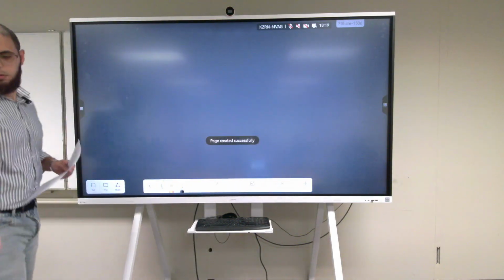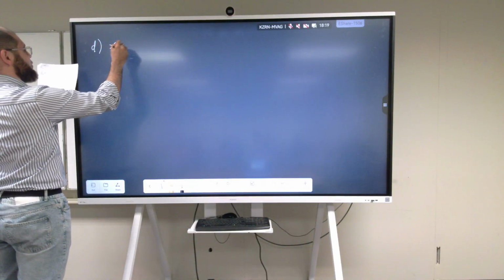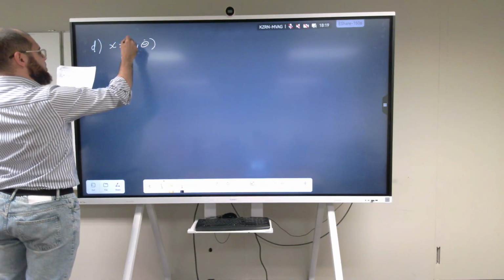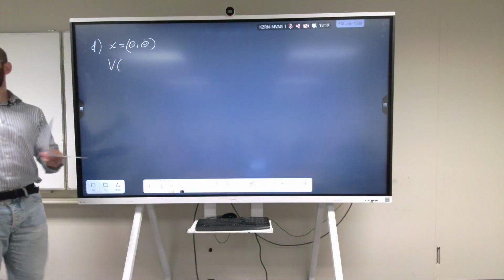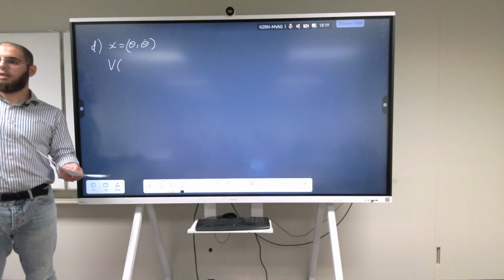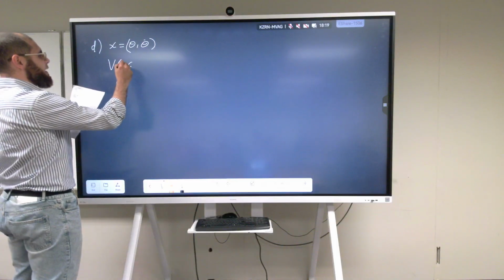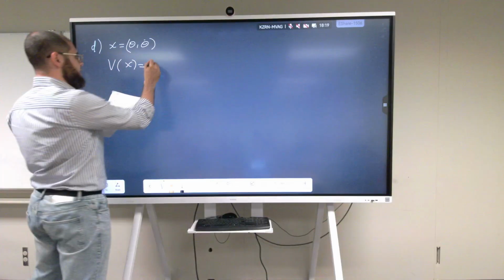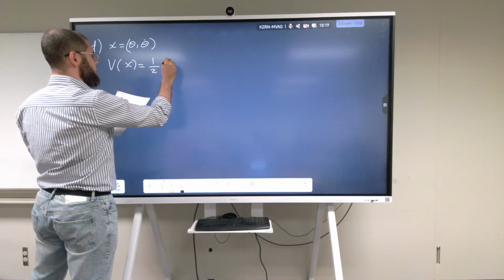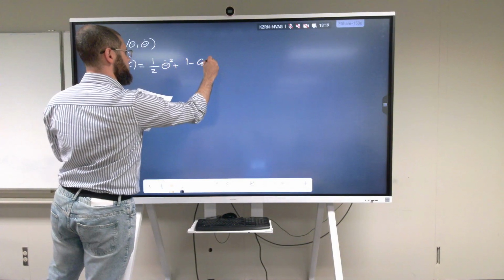2D. Still have time. So x is equal to theta and theta dot. Which example do you think this will be? What are theta and theta dot? They describe the pendulum, right? The pendulum example. So the V of x I'm going to choose here is a very particular one: half theta dot squared plus 1 minus cosine theta.